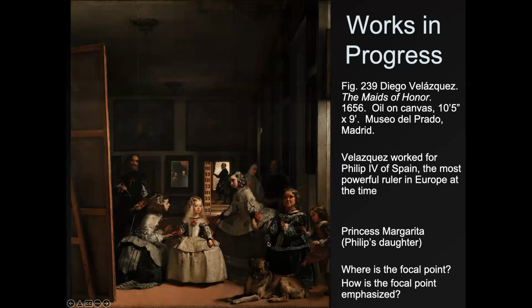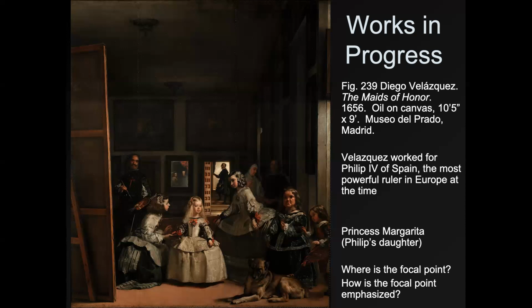So this little girl is Princess Margarita, no relation to the drink, who is King Philip's daughter. And at this time, he's Philip the Fourth of Spain. He was the most powerful ruler in Europe, and one of the most powerful rulers in the world at this particular time in the 17th century. From Spain, he wasn't Spanish himself.